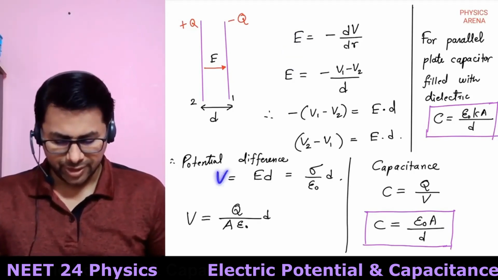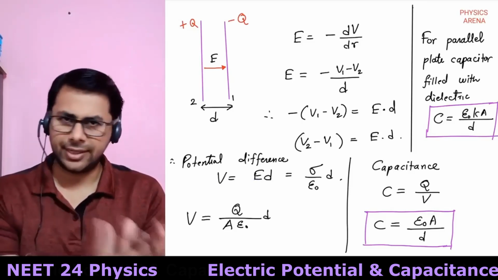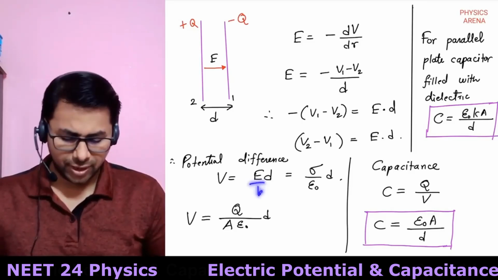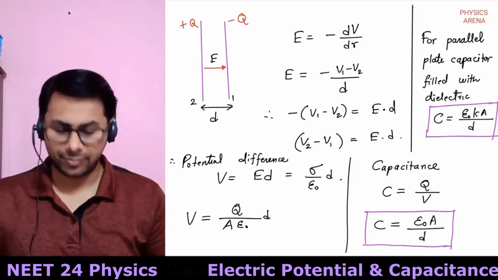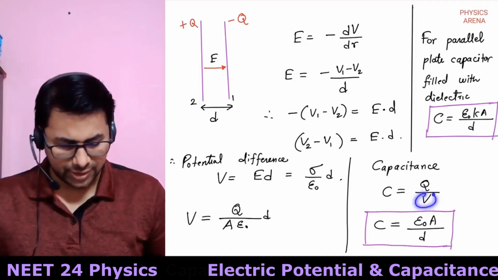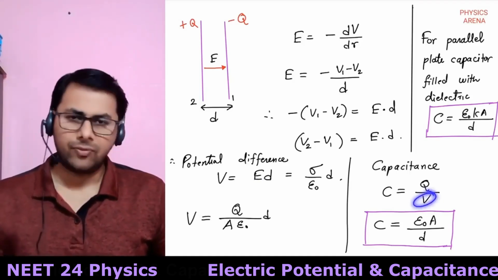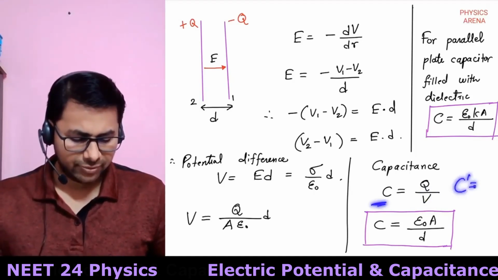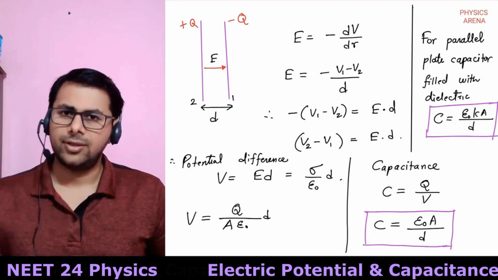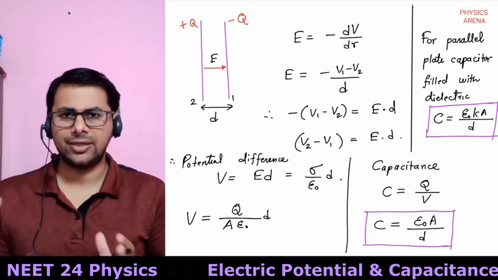That means the potential difference will also become what? Because potential difference is E times D, it will also be E by K times D. So it also falls by K, and the potential difference is in the denominator. So what happens to the capacitance? Capacitance C dash will become what? C times K.